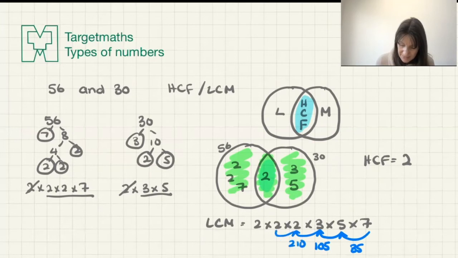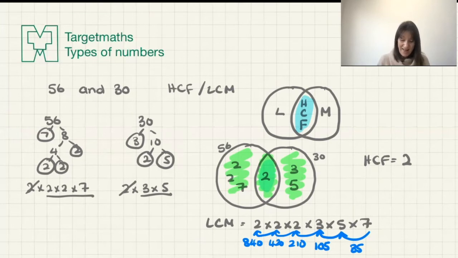I need to double that, which is going to give me 420. I need to double that. Oh my gosh. Yeah, that's right. All is good. And that is going to give me 840. Thought I was missing something there. That is 840 for our lowest common multiple.